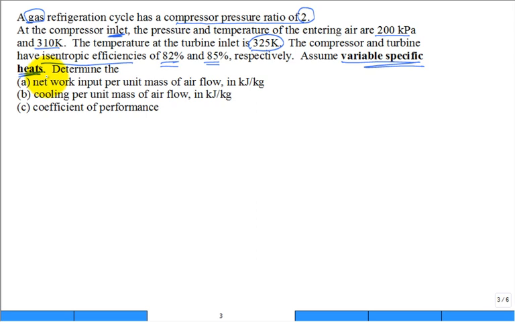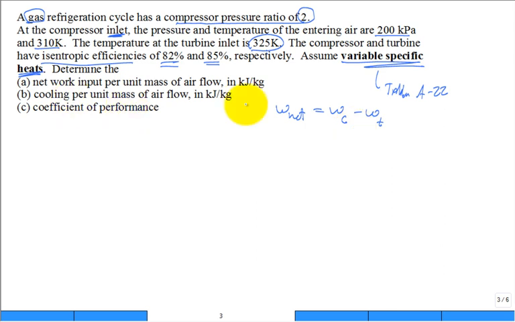You need to use the table. That's how we evaluate air properties accounting for variable, temperature dependent specific heats. That table was in our textbook, table A22. Okay, determine the net work input per unit mass flow. So it'll be the W net, which is how much the compressor needs minus how much that turbine produces, all on a per unit mass basis.